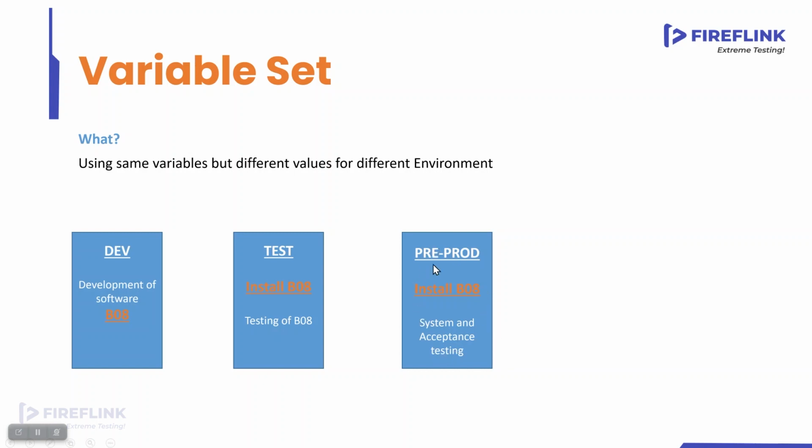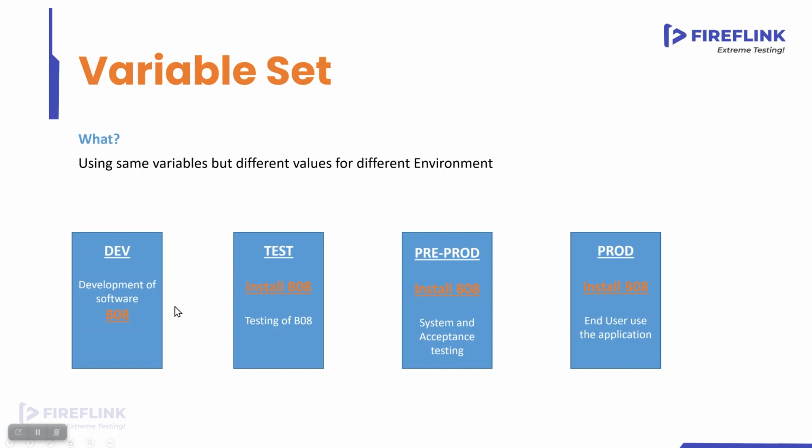So if I want to perform the testing in the pre-production server, I have to install B08 in the pre-production server, and then I will perform the respective testing, right? Once the customer says, okay, the application is good, we can move this application into the production server. Then I will be installing B08 into the production server where end users will start using the application.